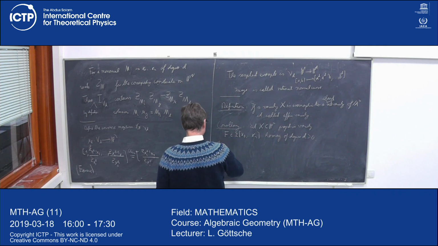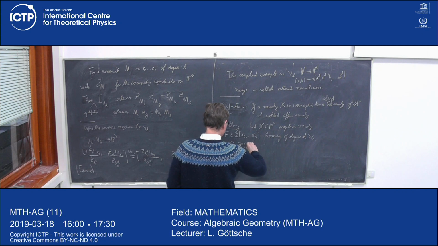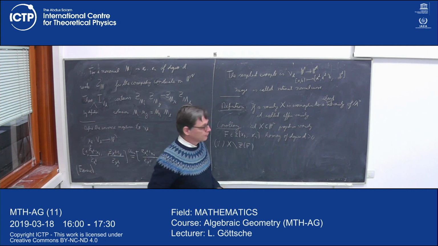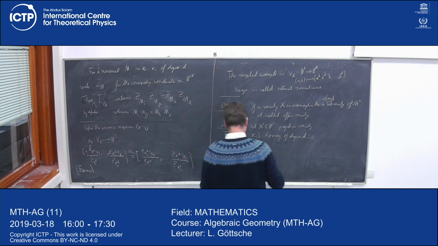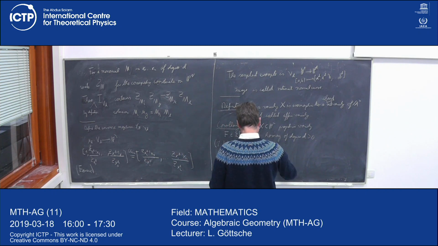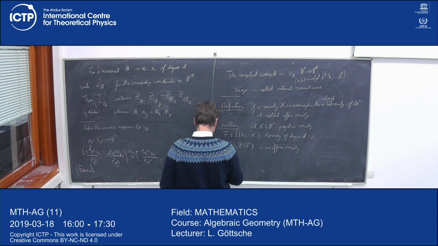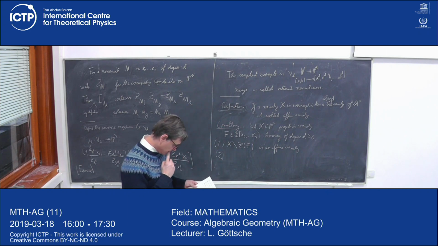And first, X without the zero set of F is an affine variety. So it's isomorphic to a closed subvariety of some affine space. And the second statement follows from this by what we know.